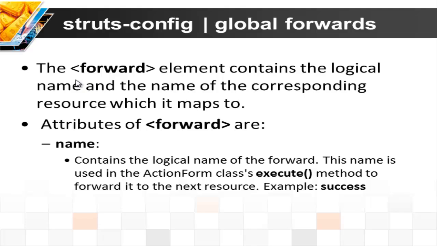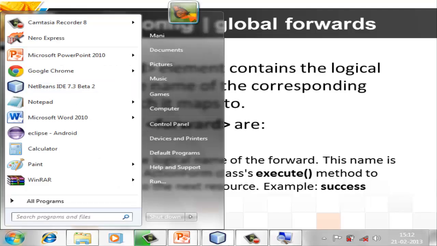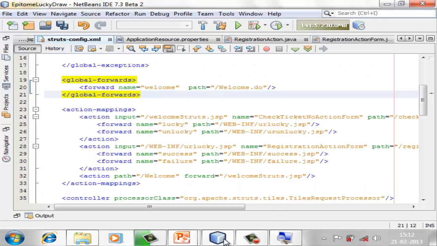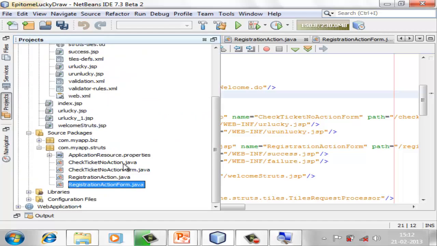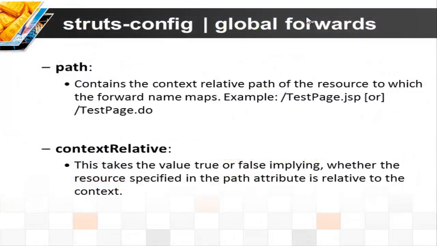Okay. Now let's come to the other part. When we go for a forward, we are already familiar. Whenever we are using the action, forwards are usually meant for a view, that is JSP, the final output that we are going to show. In case you are getting confused, this is what happens. You have an action.